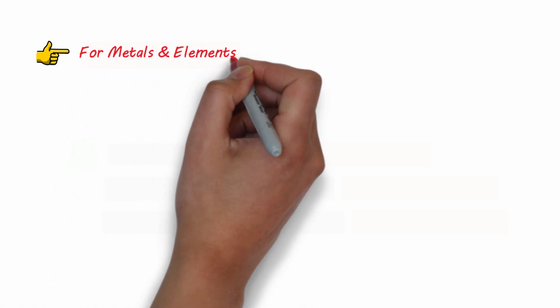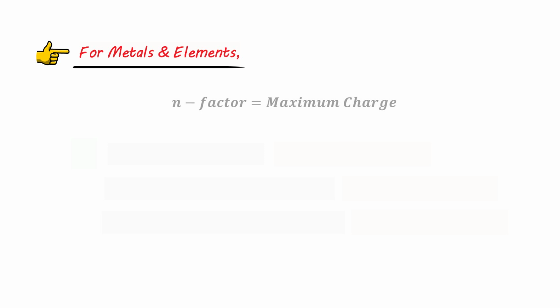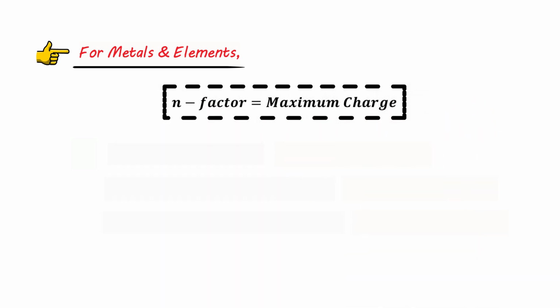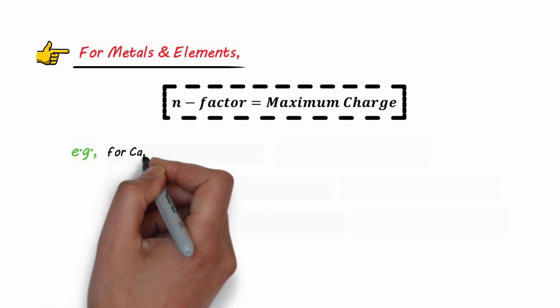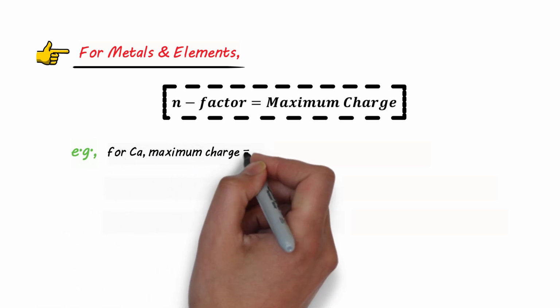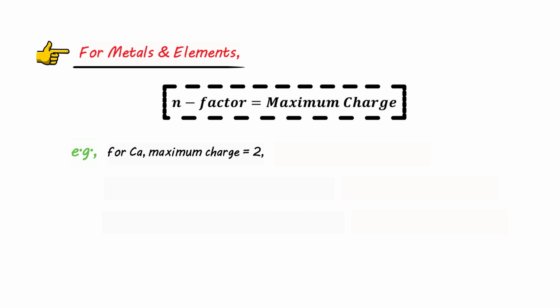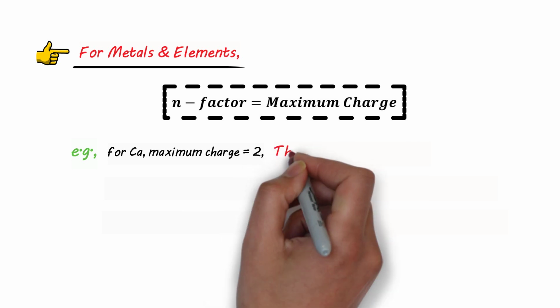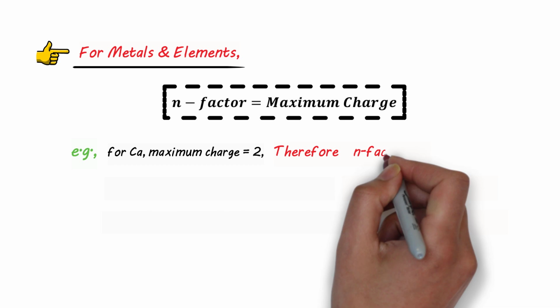Let's have a look. For metals and elements, N factor is equal to the maximum charge. For example, for calcium, as we know, the maximum charge is 2 because it belongs to the alkaline earth family. So therefore N factor is equal to 2.